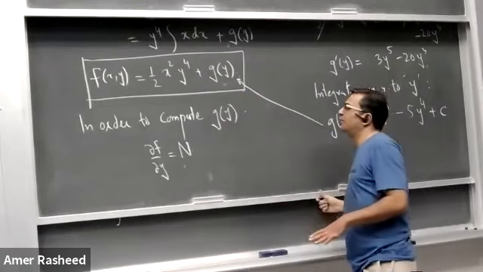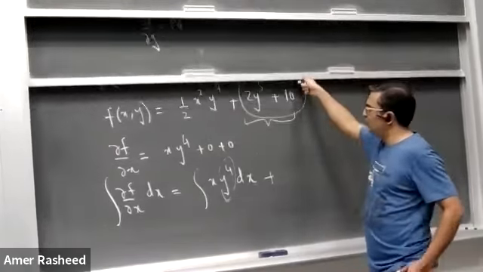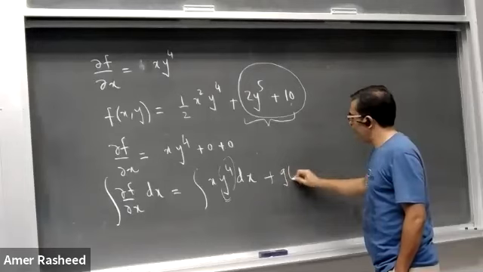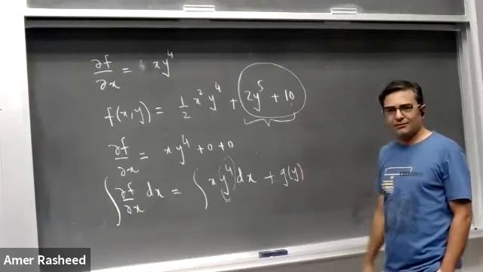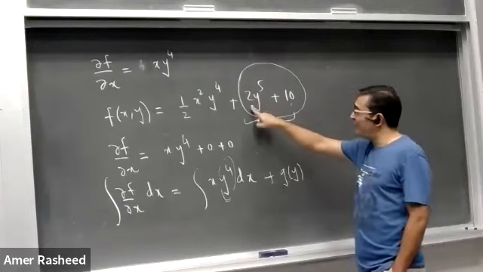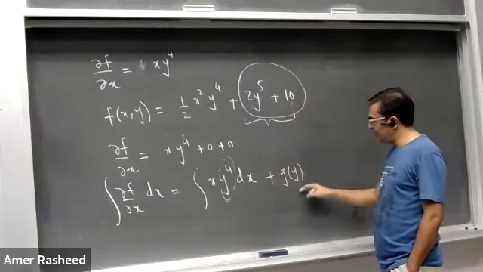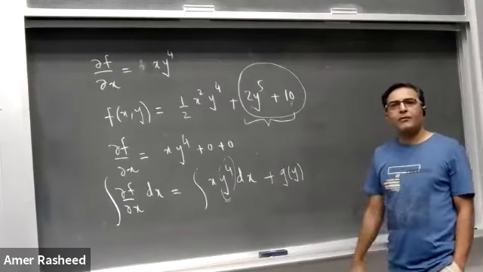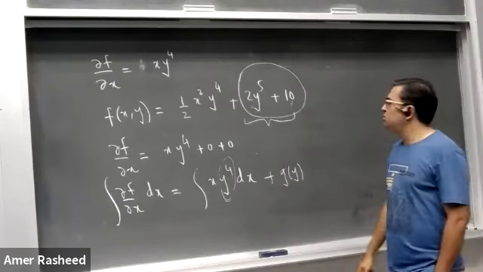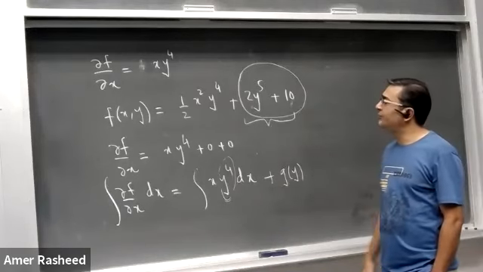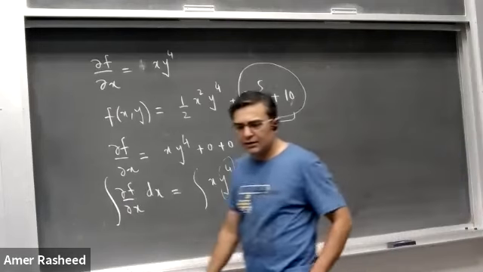Now this is a more generic term for a constant of integration, because this term might contain a function of y as well as a constant. So that's why we are taking g of y here. I hope you get it. If you have any further questions, you can ask me.